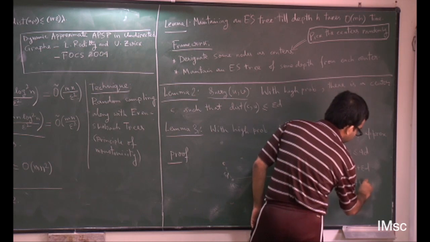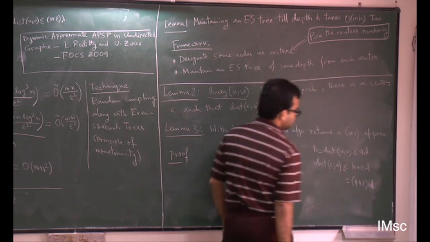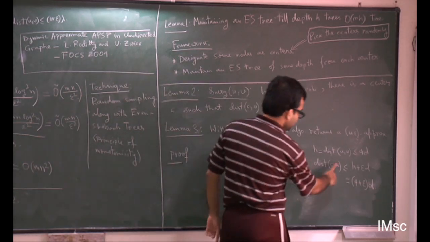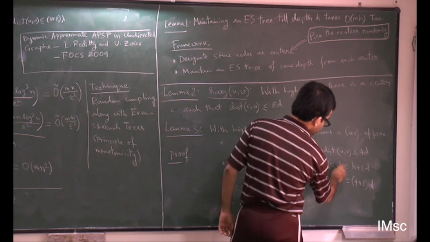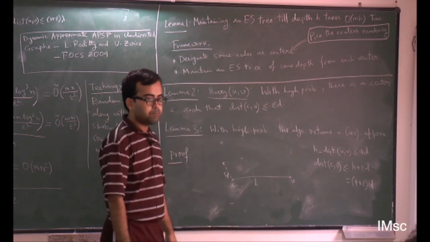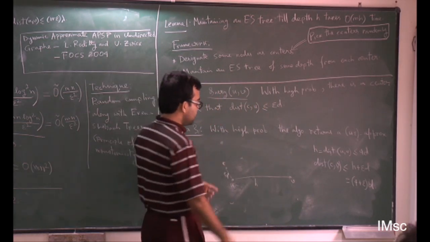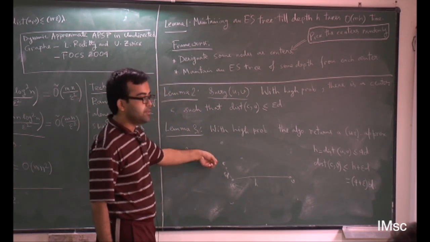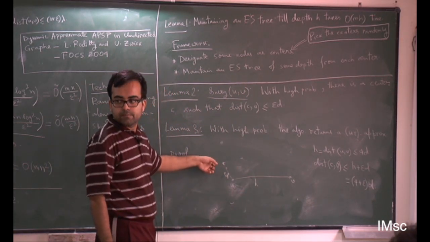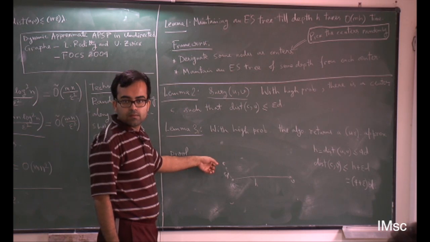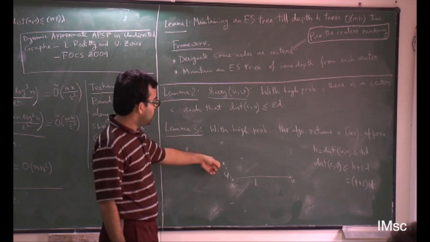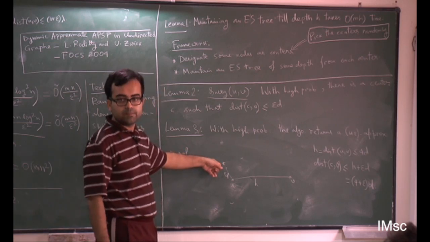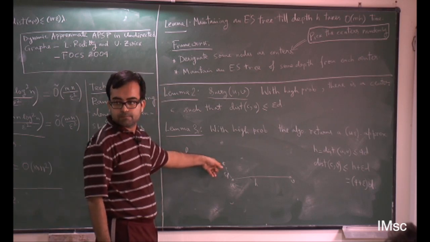So, this is going to be 4 plus epsilon times t. So, this is V, please correct me. Okay. So, this node V is going to be part of the Even-Shiloach tree from the center C, right, because the depth of the Even-Shiloach tree rooted at C is at least 4 plus epsilon times C. Okay.